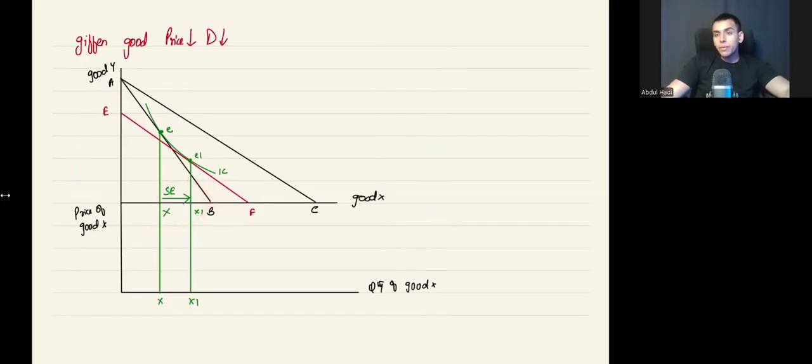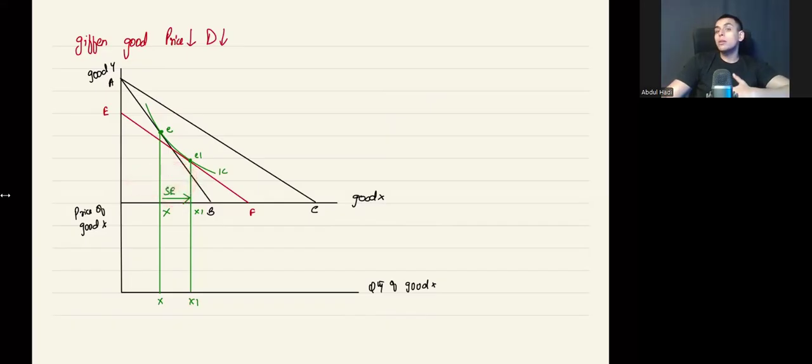But when we talk about Giffen good, it is a good which is more inferior than an inferior good itself. So if this is the range in which we were talking about inferior good, then to show the concept of Giffen good, your new equilibrium should exceed this box, because this box is specifically for inferior good.